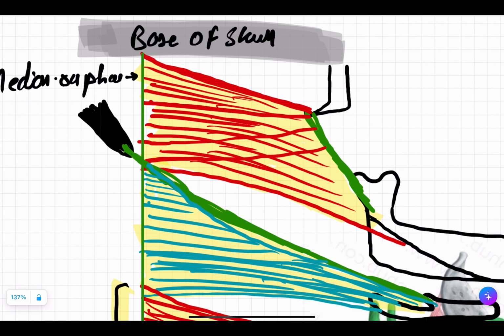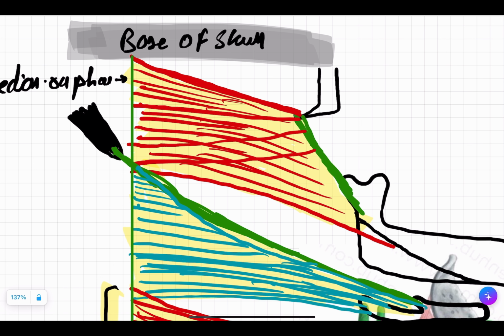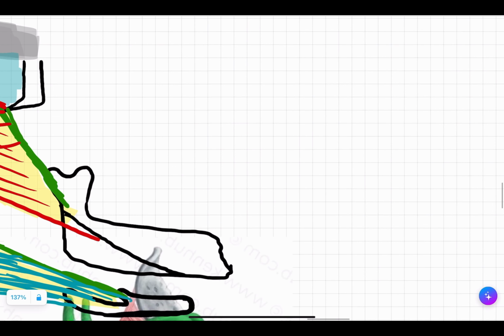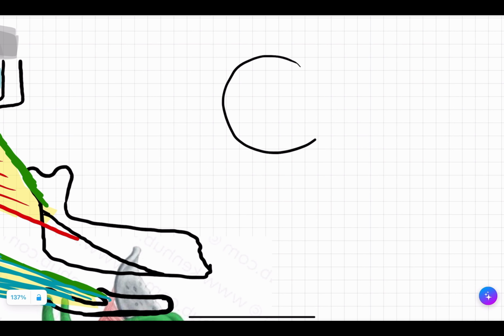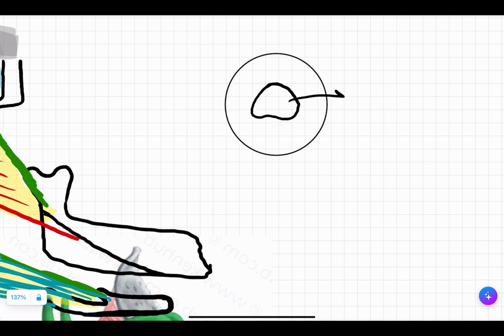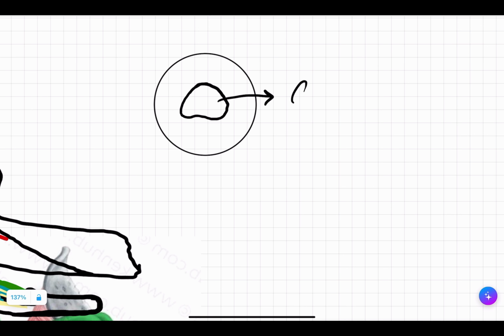Now, from inside, this will enclose a cavity here. There is no muscle here. So, if I tell you that this is your neck, in this part they will enclose a cavity. And this cavity is known as what? Cavity of Morgagni.